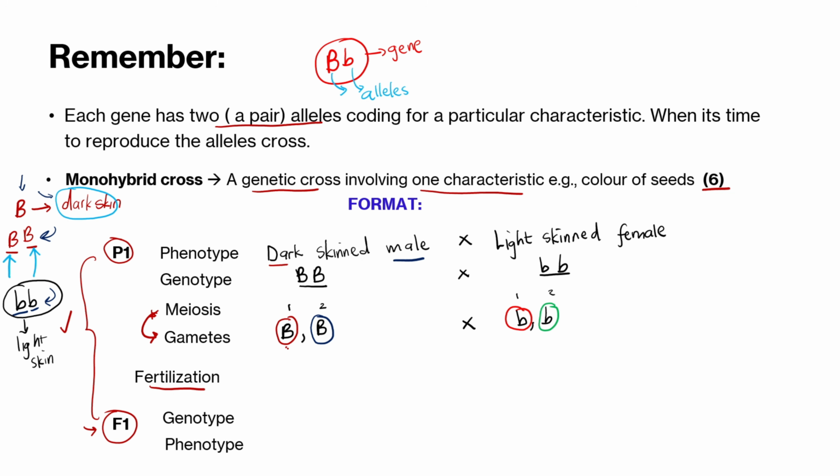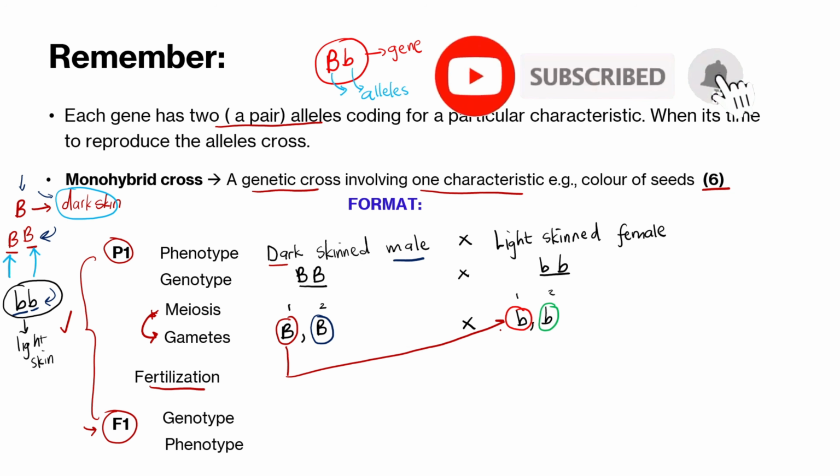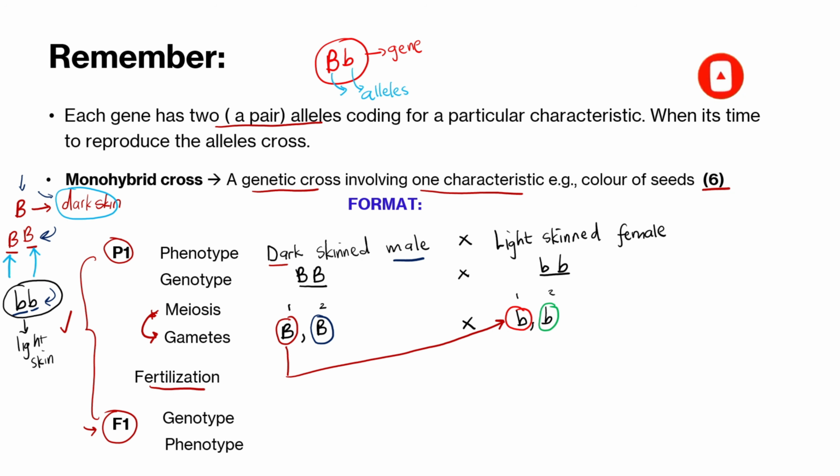This sperm cell with the first capital letter B can cross with this first ovum, but it can also cross with this one as well.